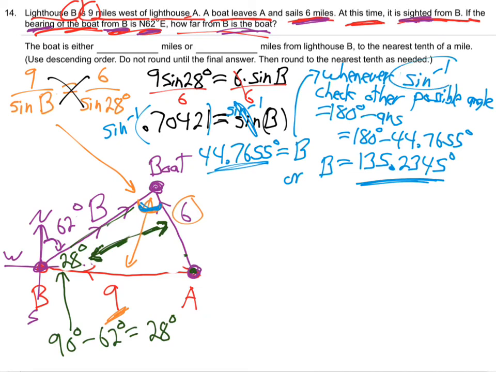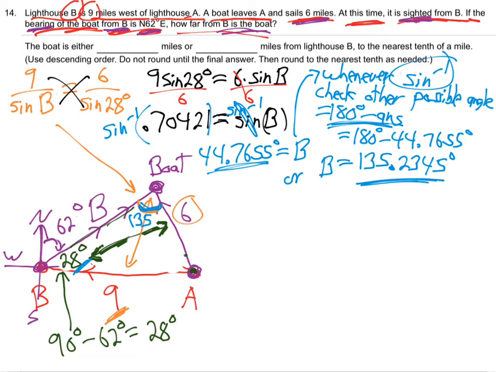Remember, whenever you do sine inverse, there's another possible answer. You've got to take 180 minus the answer you got and see what that comes out to be, and ask yourself if that'll work in the triangle. What I mean is, could I put 135 in here? Does that fit? What's the other angle? 28? That's still under 180. So yeah, that's a possibility.